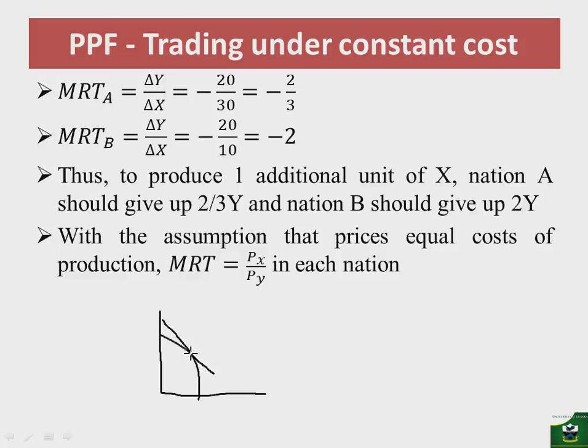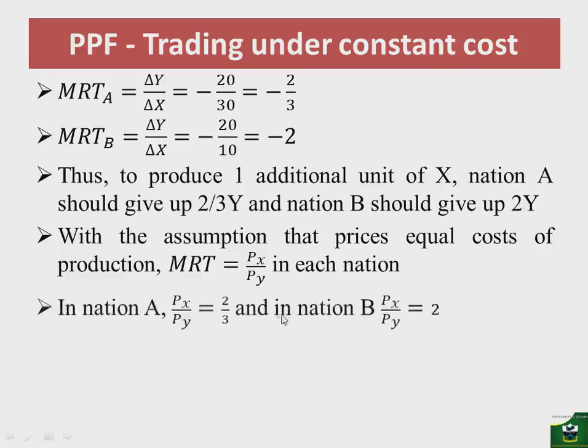At this point, the tangent you draw here, which if extended can be used to measure the relative commodity prices, will be equal to the slope of the production possibility frontier. In the case of a straight line, throughout the line the marginal rate of transformation will be equal to the relative commodity prices, and therefore for a straight line PPF, we are dealing with constant cost. So in nation A, the relative commodity price will be 2/3, while in nation B, the relative commodity price will be 2.